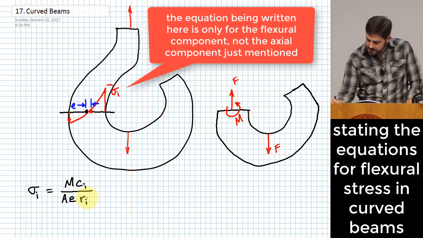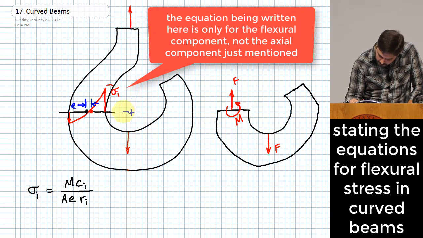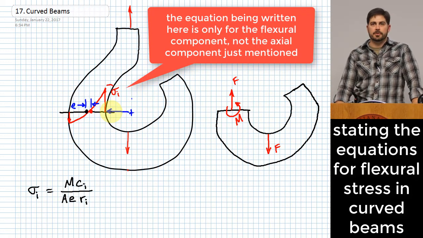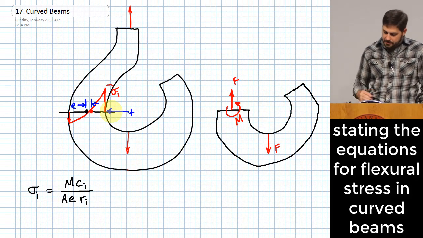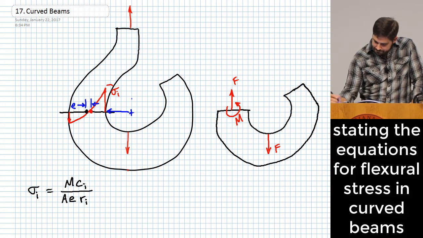This is the radius from the center of the thing, which I guess would be something more like right here. And it would be the radius to that inner surface from the center of the curvature. Okay, does that make sense? So this is one of the equations that we have. This is stress on the inner fibers of the beam.